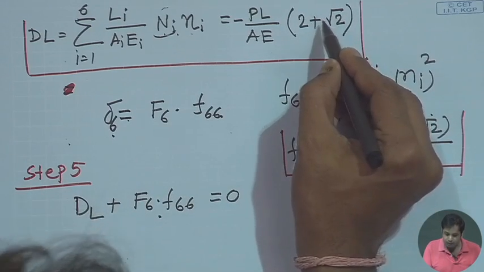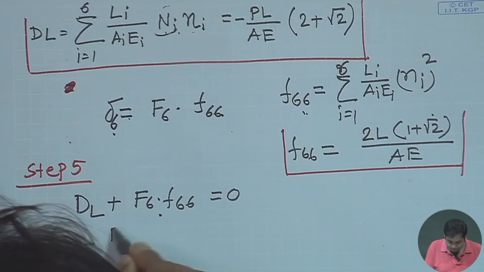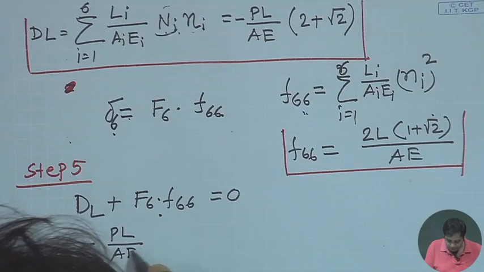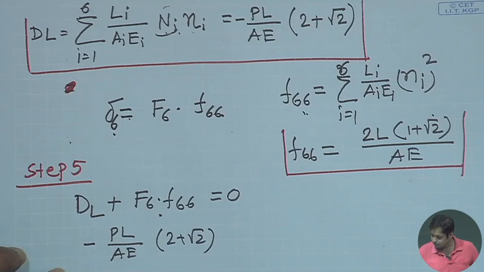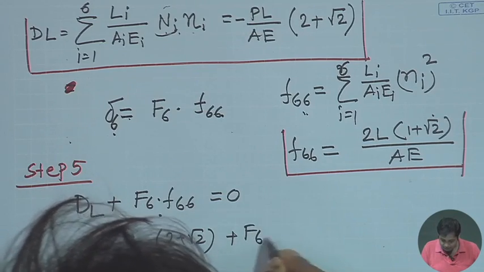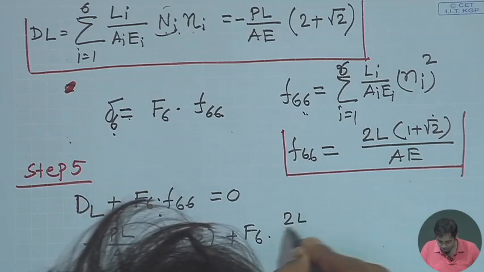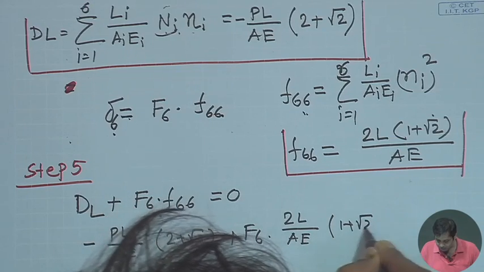Delta L we have already obtained, so we can write minus PL by AE times (2 plus root 2) is equal to plus F6 into 2L by AE into (1 plus root 2).